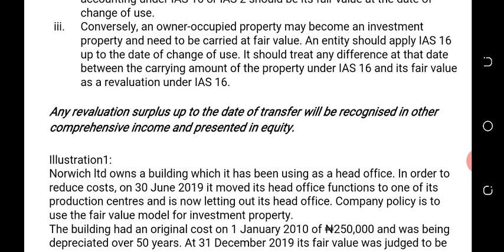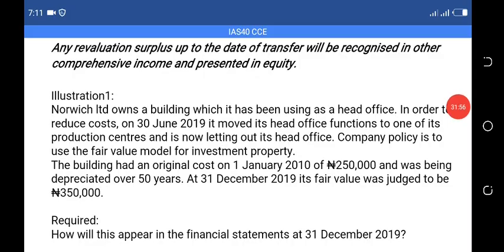So the asset was used as owner occupied property up to the date of transfer or change, and any surplus as at that point should be treated as revaluation surplus.